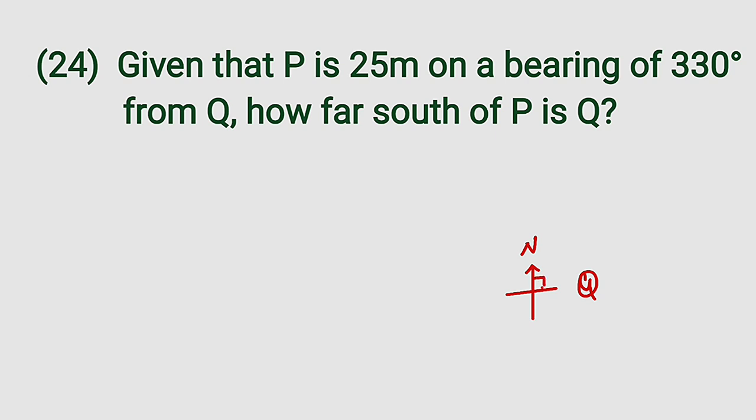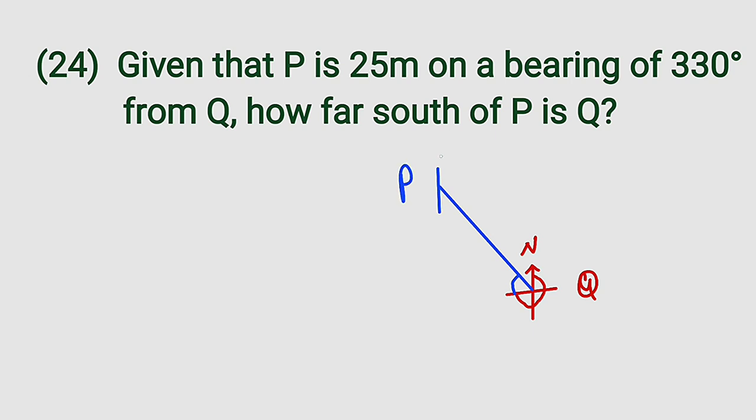Remember that this is 90, this is 90, this is 90. So let's keep on adding 90, 90, 180, another 90, that is 270. So we need 60 extra to get to 330. So let me use another color to complete it. This is 60.